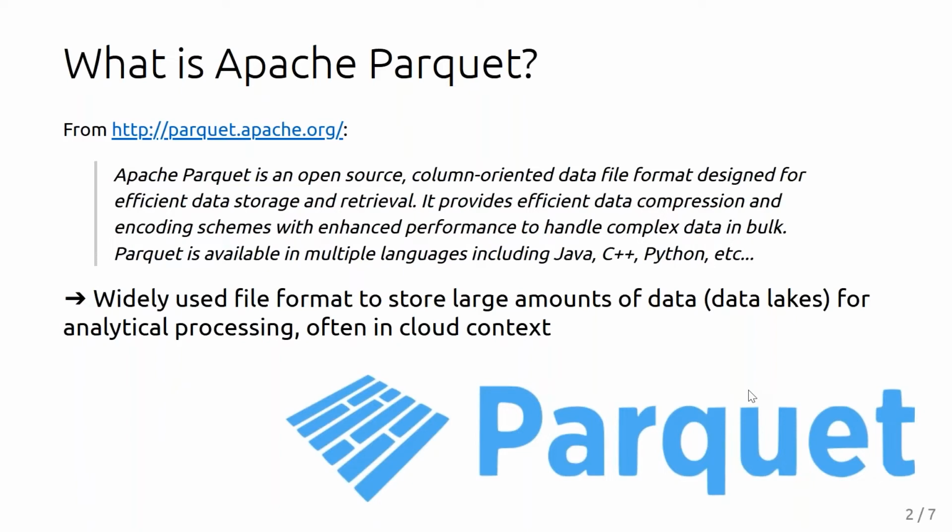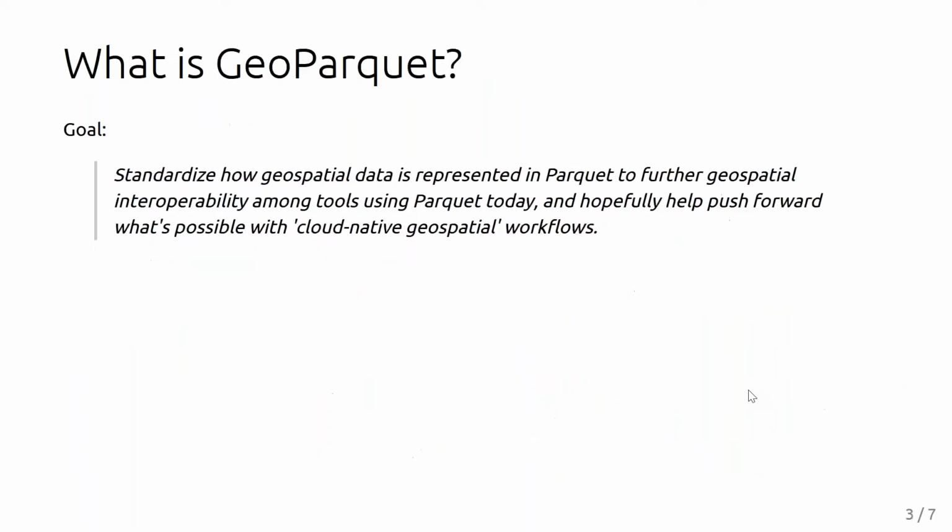So that's where GeoParquet comes into the picture. We have a useful and widely used file format for tabular data. Vector data often comes in a tabular format, so we can match those two and try to store geospatial data in Parquet. And that's the goal of GeoParquet.